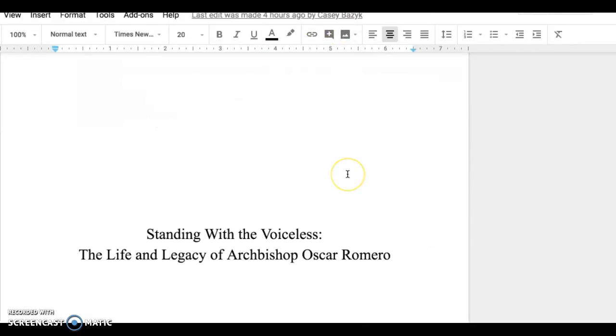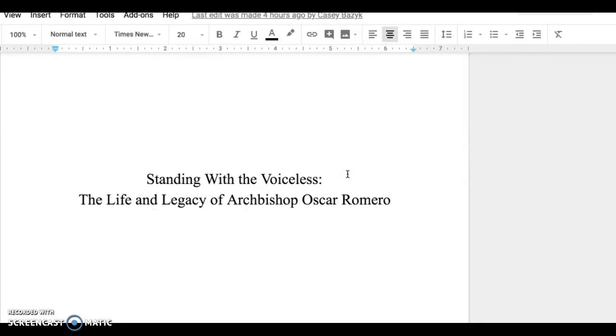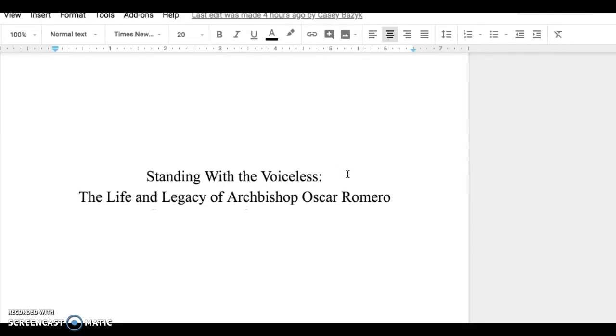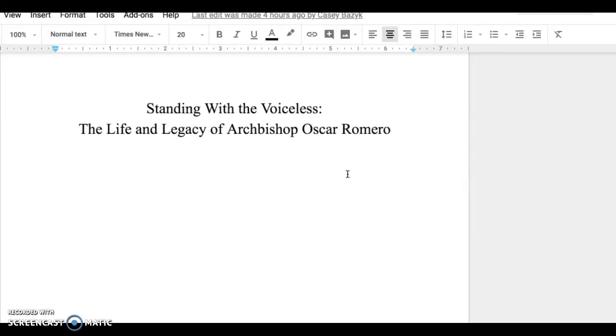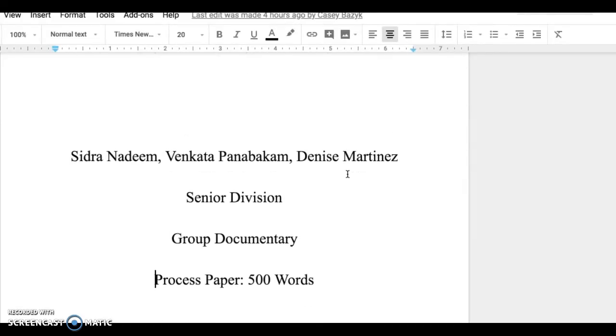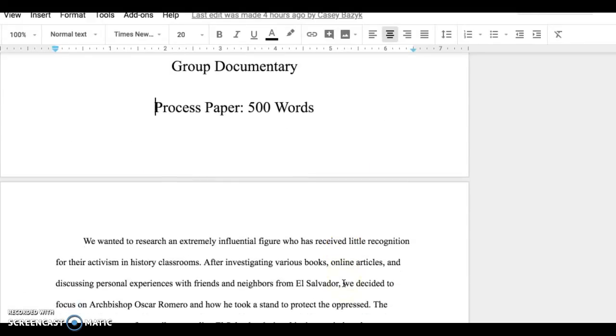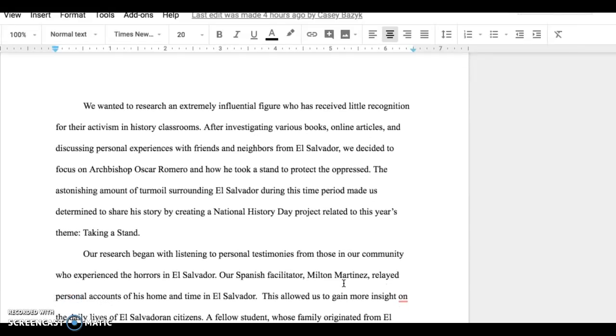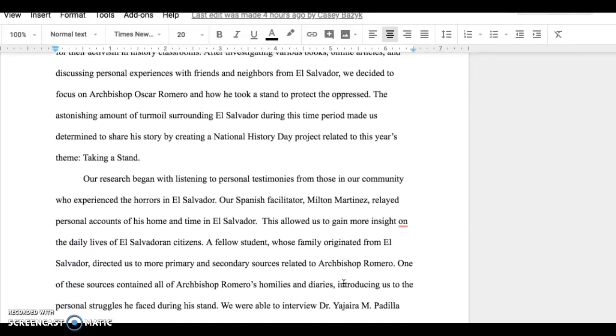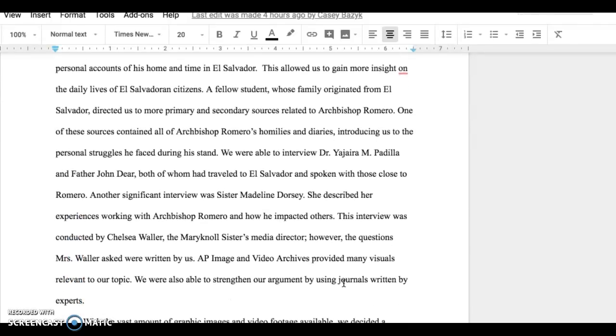This process paper was from the group that went to nationals with the life and legacy of Archbishop Oscar Romero. Notice names, senior division, group documentary, process paper, word count. This is their process paper. They gave me permission to show it to you. Make sure that yours is formatted very similarly, right?